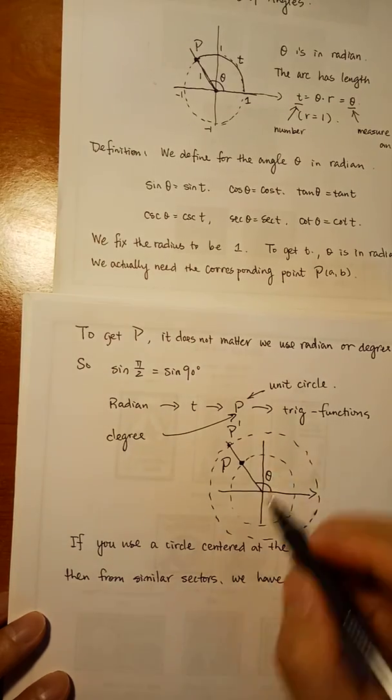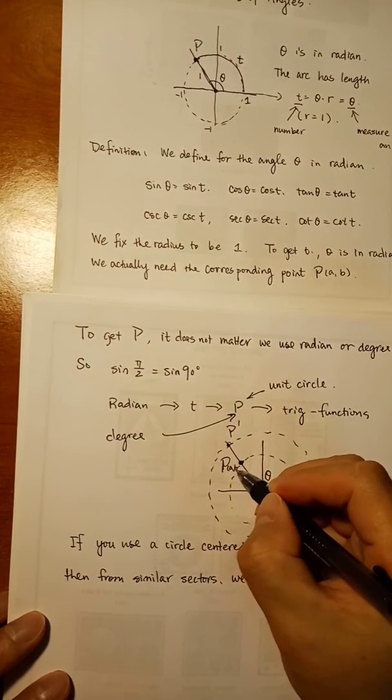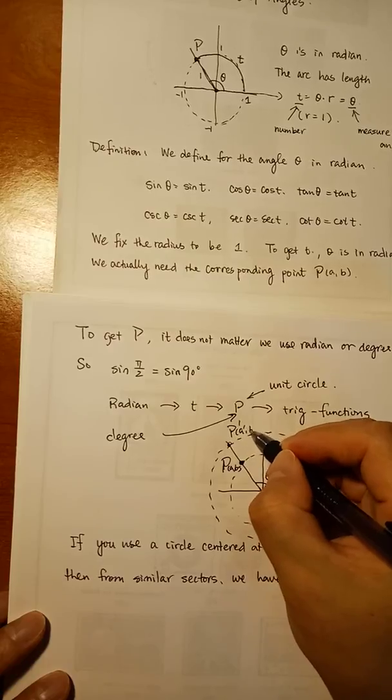We have that this part will have A, B, and this part will have A prime, B prime.